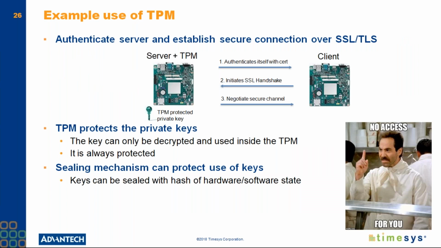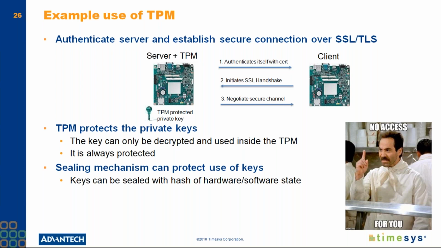So here's the typical use case for a TPM chip. Let's say you have an embedded device running a web server, and you have clients trying to connect to the web server, and the client wants to authenticate the server, in which case you need to store certificates on the server, and you probably have a private key on the server.